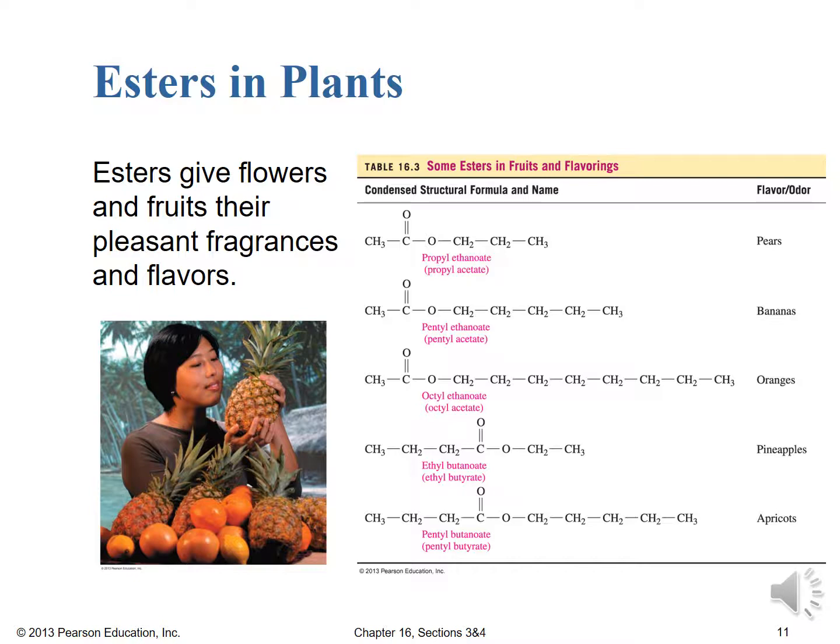We get pentyl butanoate or pentyl butyrate, and that is the flavor and odor of apricots. So again, adjusting those carbon chain lengths on either the carboxylic acid or the alcohol that go together to make the ester gives a remarkably different, although typically pleasant, flavor or odor to the compound.